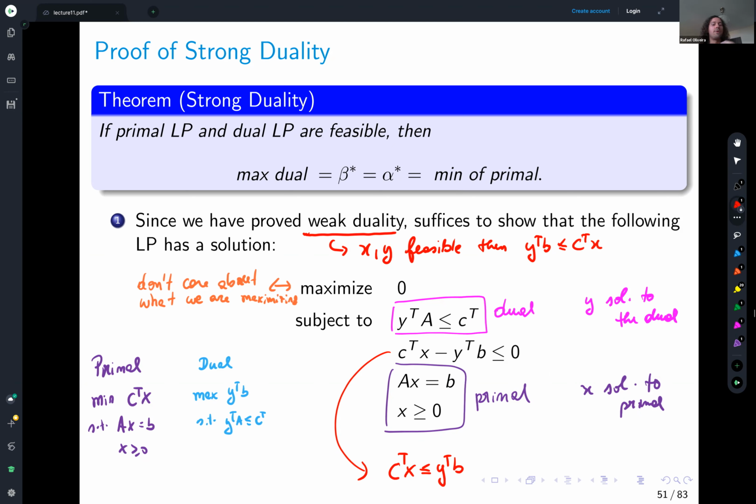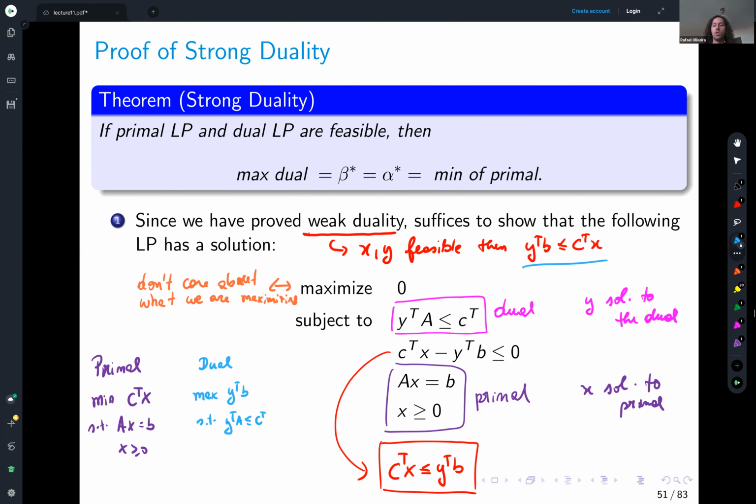Because this will happen if and only if the max of the dual is equal to the minimum of the primal. So now we're just trying to say this is the opposite inequality. If X is a solution to the primal and Y is a solution to the dual, we already know that Y transpose B is less than or equal to C transpose X. We already know that.